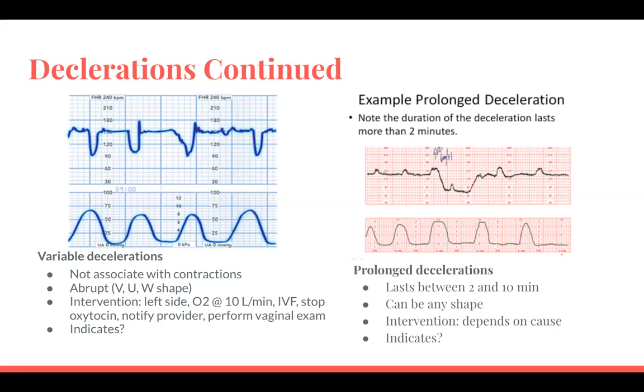Then you're going to turn on their oxygen, 10 liters per minute. Intravenous fluids, you might want to push a bolus, stop the oxytocin, and then notify the provider, note a vaginal exam. But you're going to want to turn them, see if it changes. If it doesn't resolve, then you keep intervening in these ways.